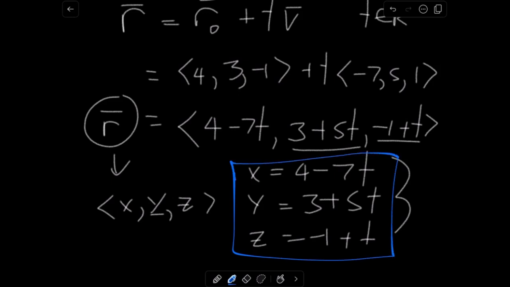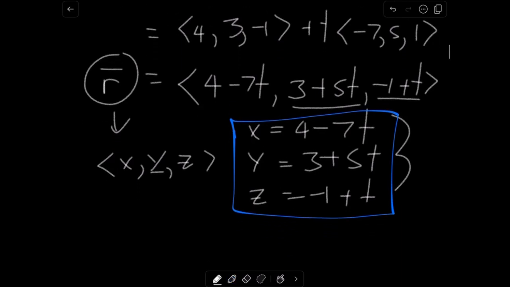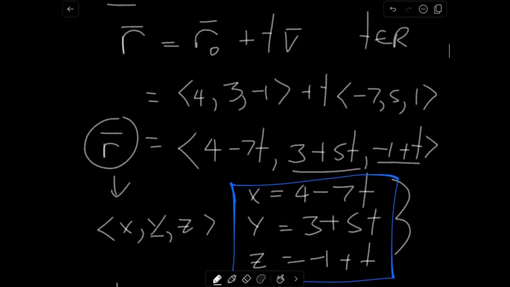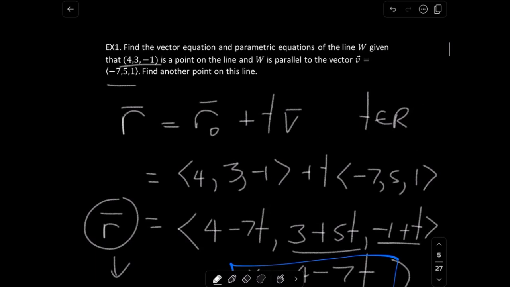And what happens if we want to find another point on this line? Well, all we do is choose a value for t. Now, I don't want you to choose t equal to 0. What happens when t is equal to 0? Sub it in and you'll get 4, 3, minus 1. Wasn't that the point you already had on the line?